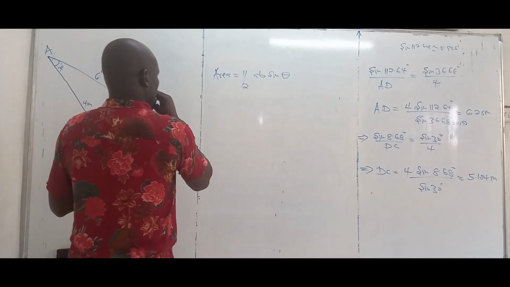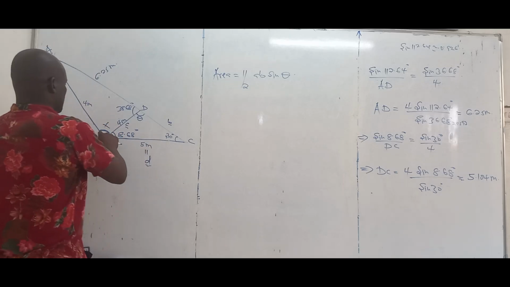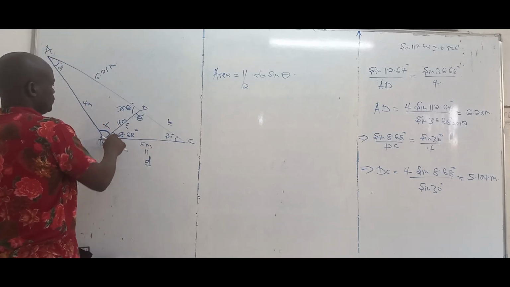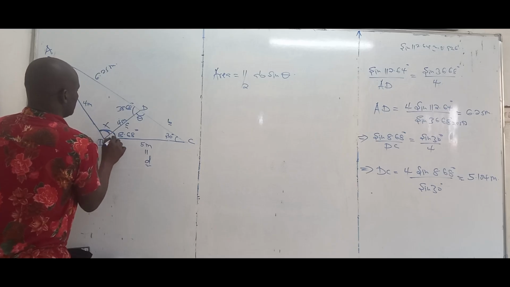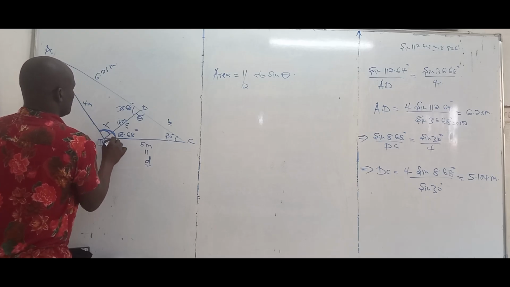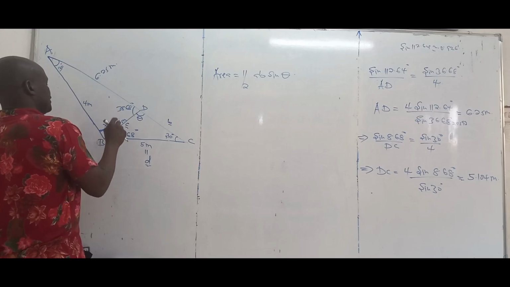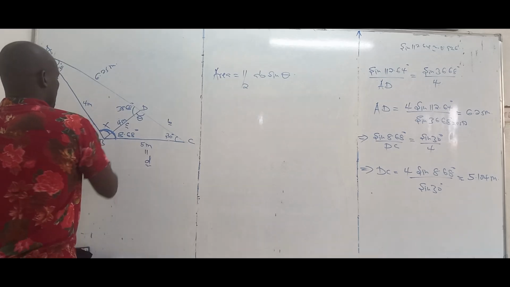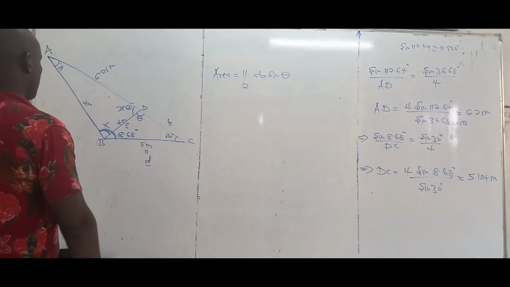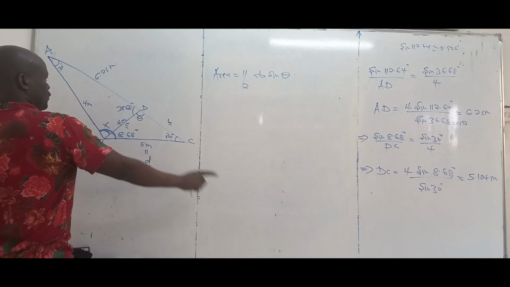So in this case, I can take that theta to be all of this angle. So I'll be adding 8.68 to the X that I got to give me this angle. And I'll be using the sides 4 meters and 4 meters.